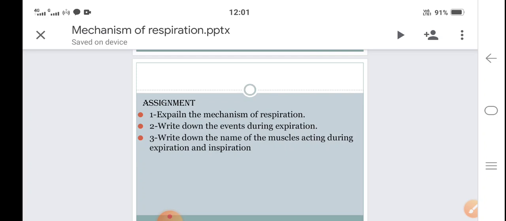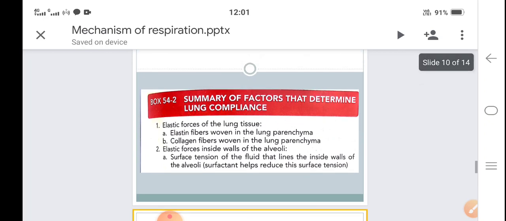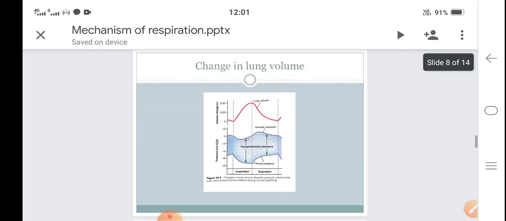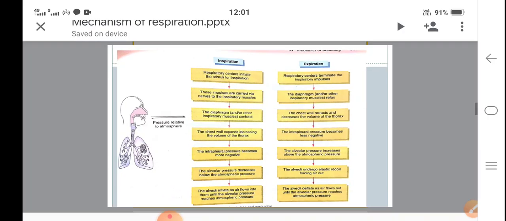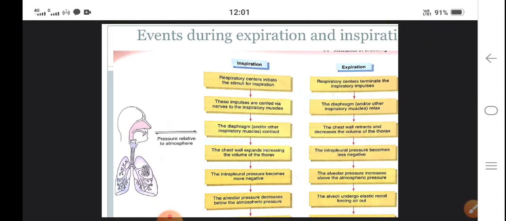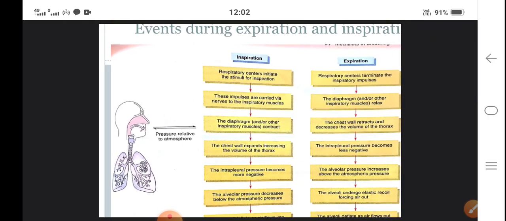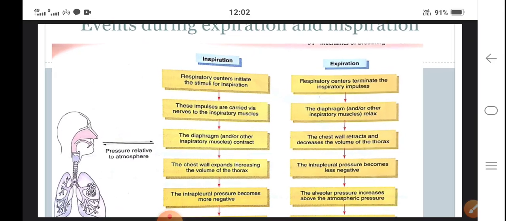Second, write down the events during expiration and inspiration. This topic has been left by us, but in a summarized way we have one slide to explain it. So we go to that slide and explain the events responsible for expiration and inspiration.